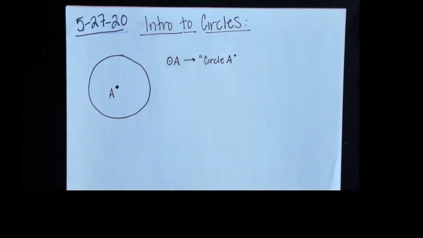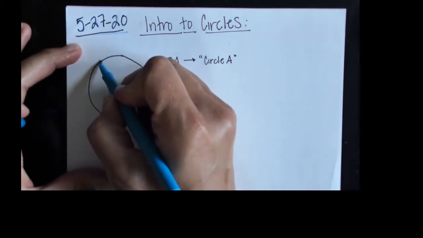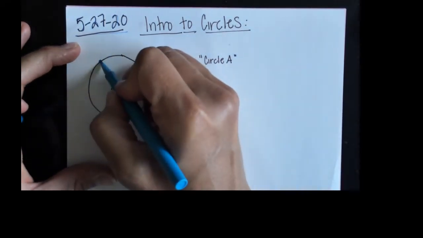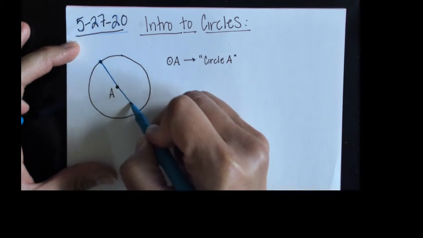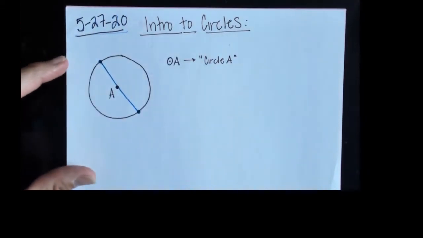Because we now know that there is a center, now we can specifically talk about some other segments. The first segment that we want to talk about is a diameter. Now, I know that you know, but we're going to repeat that a diameter has to specifically go through the center, and the end points fall on the circle.